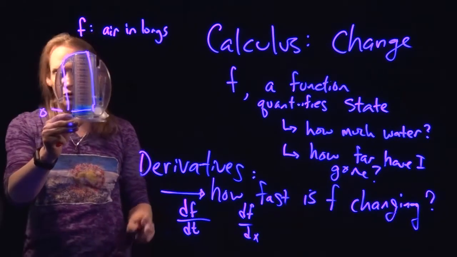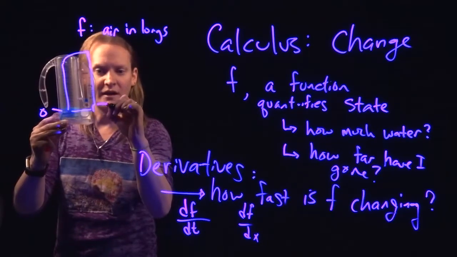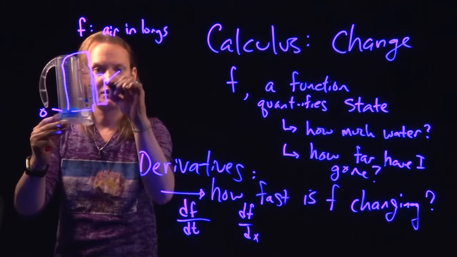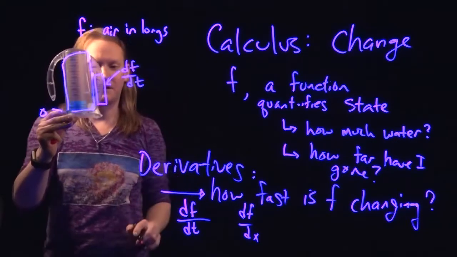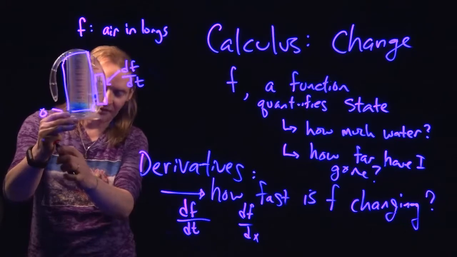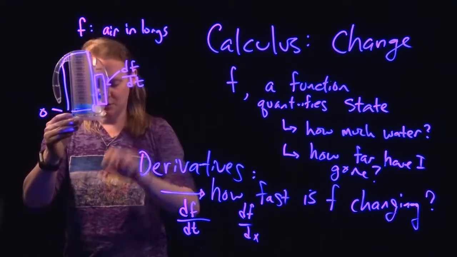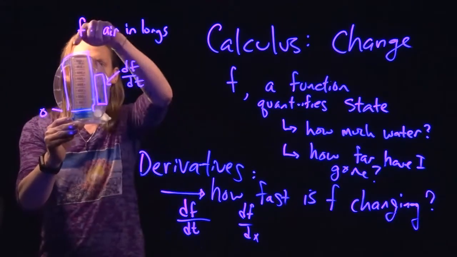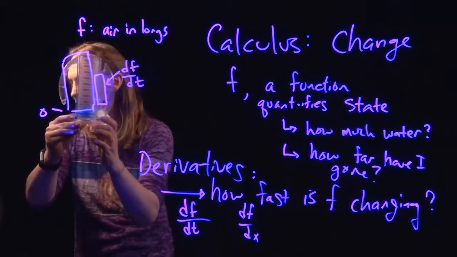And I want you to pay attention to this thing right here, df/dt, because the state is varying with respect to time. I'm in control of this, and then that induces change on this. This measures how fast the amount of air in my lungs is changing.